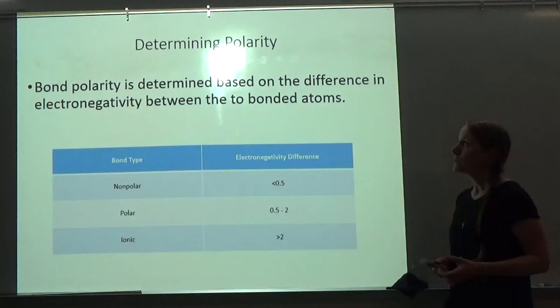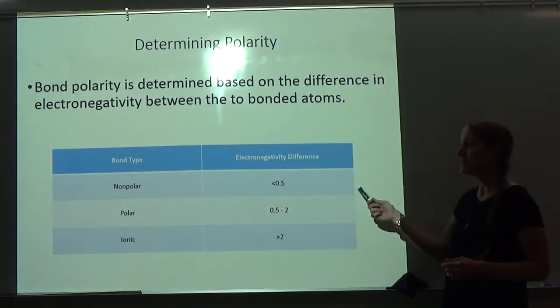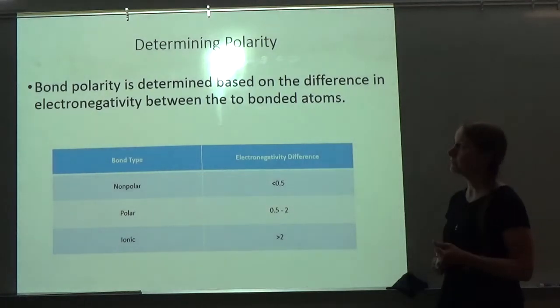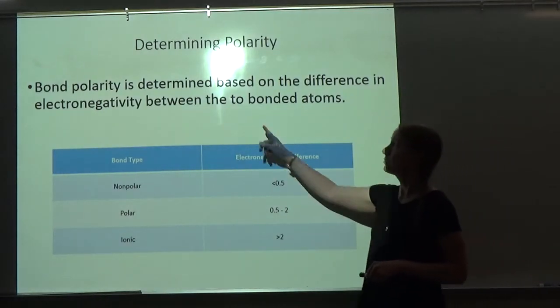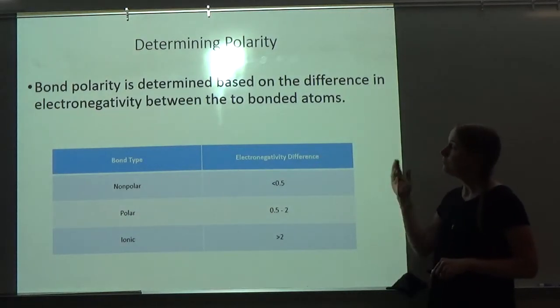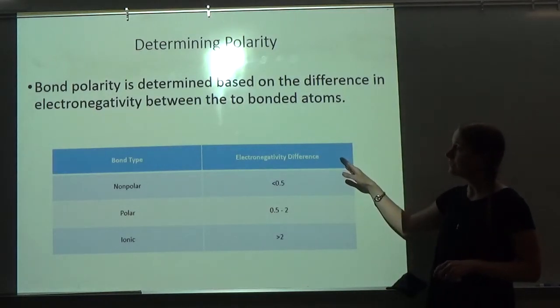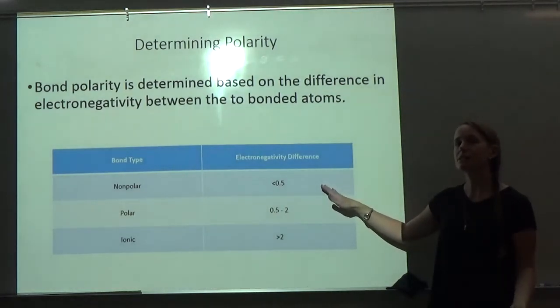The last thing we're going to talk about in this lesson video is how to determine whether something is nonpolar, polar, or ionic. Bond polarity is determined based on the difference in electronegativity between the two bonded atoms. When you subtract the electronegativities, if the difference is less than 0.5, it's normally considered nonpolar.